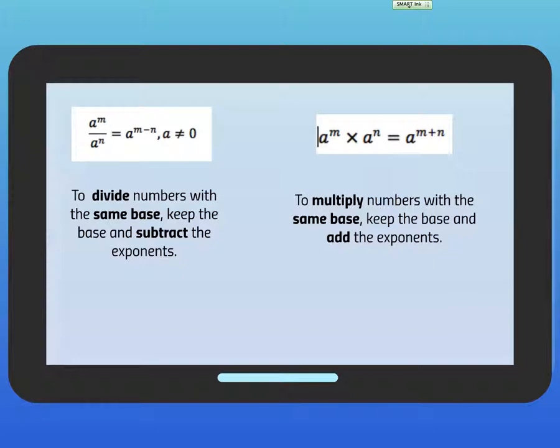In a similar fashion, if we multiply numbers with the same bases, we do keep the base, but we add the exponents. So a to the mth power times a to the nth power, we add m plus n.